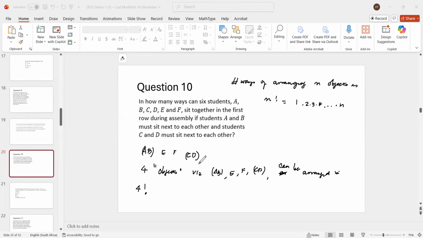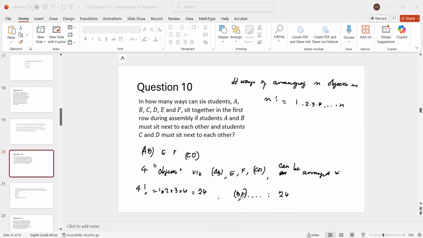So 4 factorial is 24. But I could have had BA, and you also have 24.